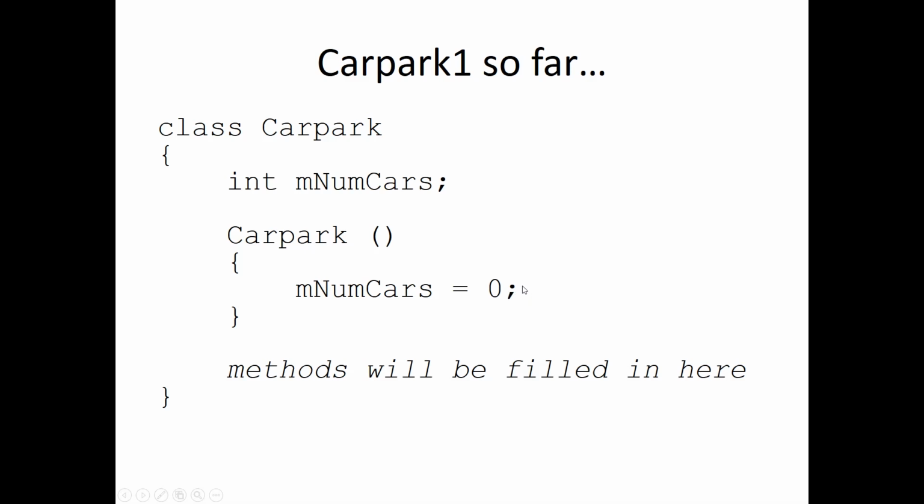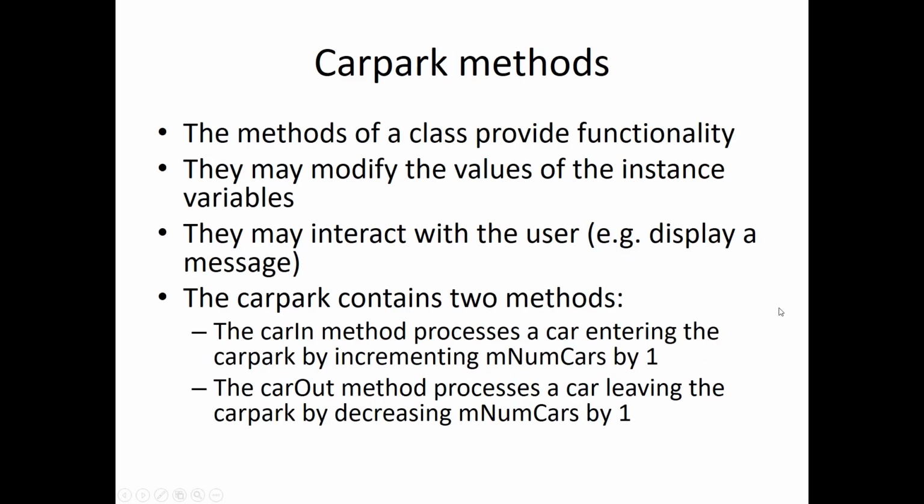So the next bit is to think about the methods that go in. Now if you go back and have a look at the UML diagram, there were only 2 methods that we wanted to include. Remember that the methods are the only way that the user or the program itself can actually add any form of functionality to our working program.